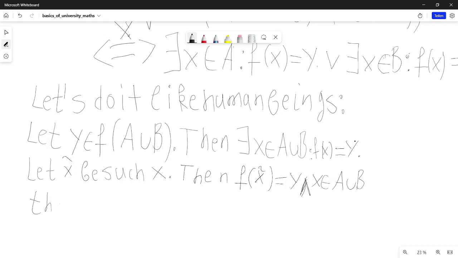And instead of equivalence, I just write implication because I have built the sentence that way.